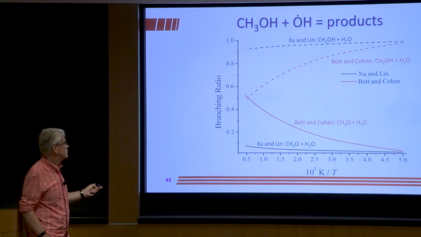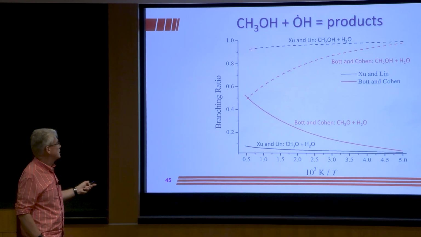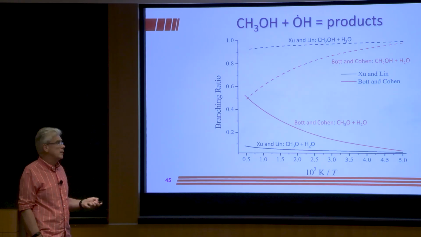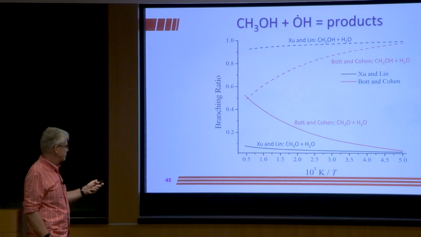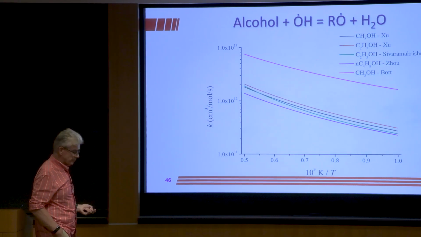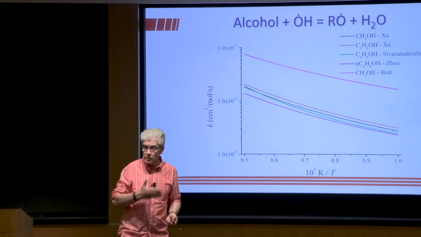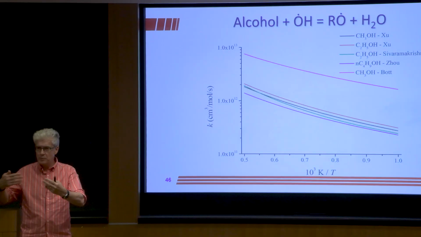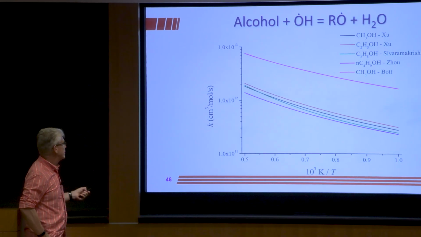Zhu and Lin said no, right? It only goes to not even below 90%. It's still over 90% hydroxymethylene plus water, okay? So then, there still isn't a lot of evidence, right? And this is where we have to do some exploring and reasoning, right?